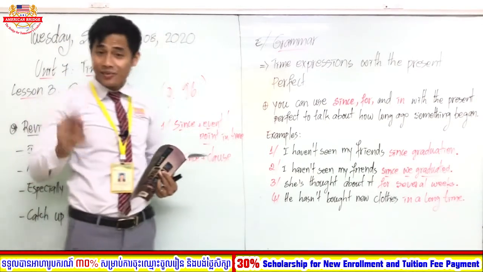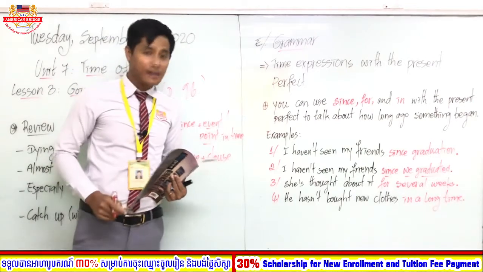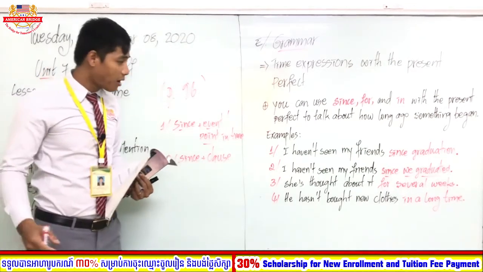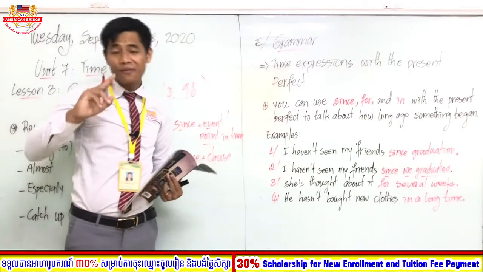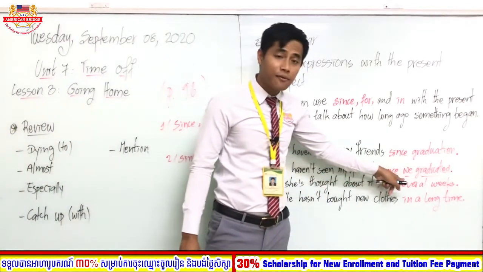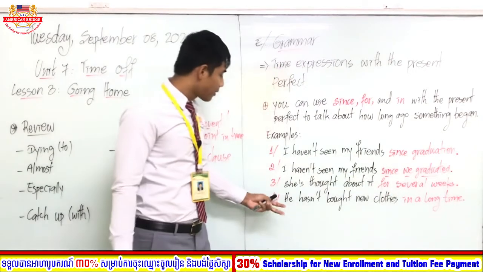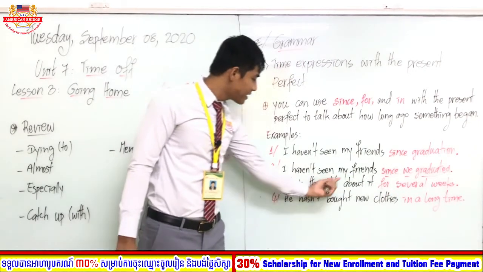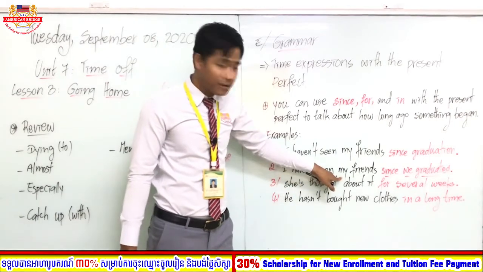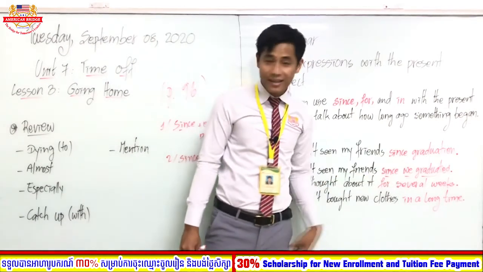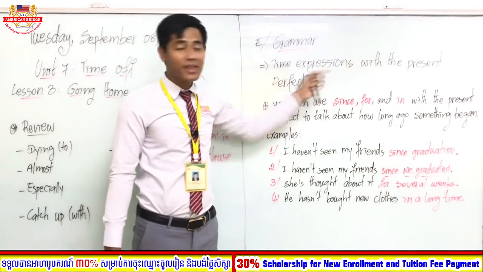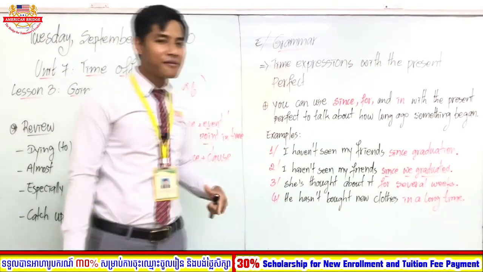A clause contains a subject and a verb. So since is used with a clause also. I haven't seen is present perfect, right? Since we graduated. This is a time expression with present perfect.